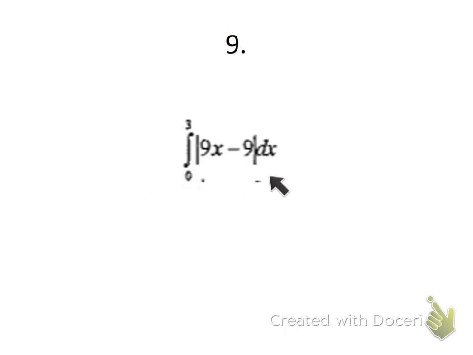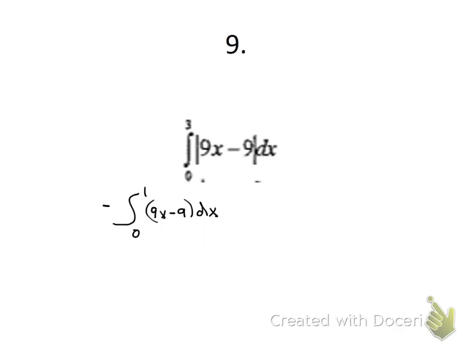So I need to rewrite this because I can't take the integral of an absolute value. So this becomes from... When does 9x minus 9 equal 0 again? At 1. So I need to go from 0 to 1 of 9x minus 9 dx without the absolute value. But hold on, from 0 to 1, my graph without an absolute value is negative.